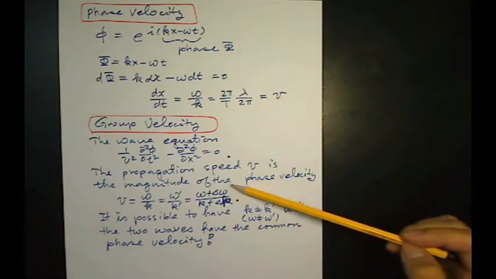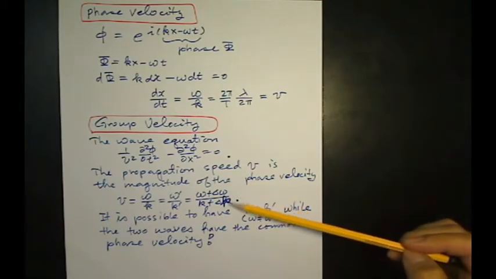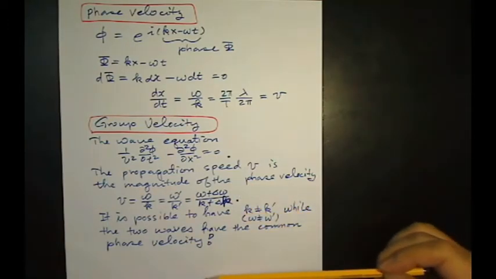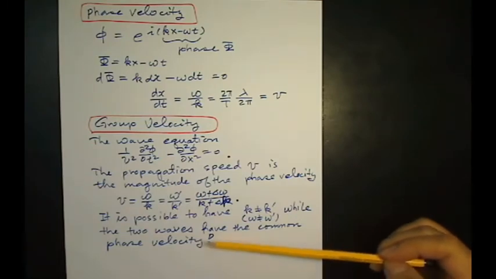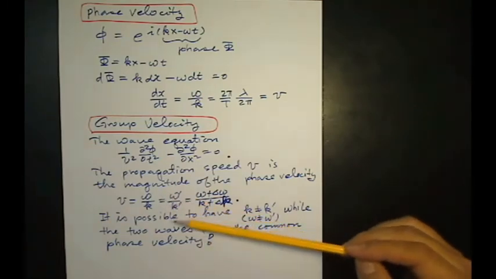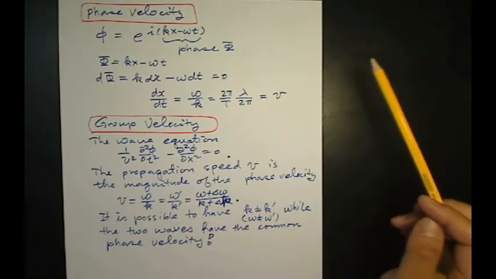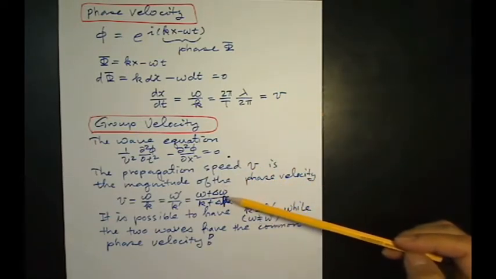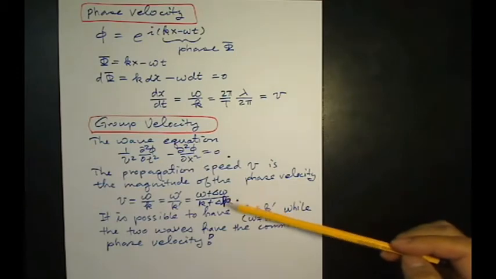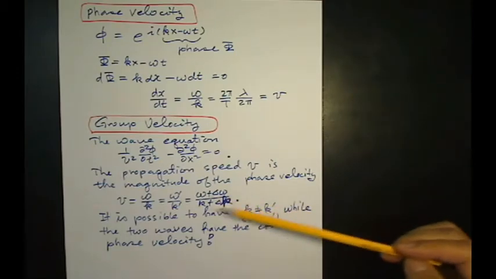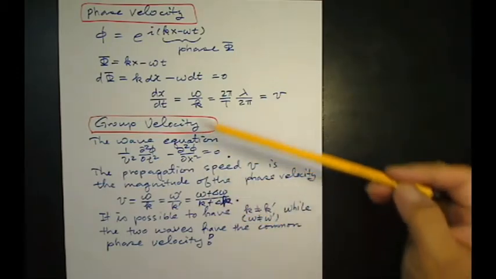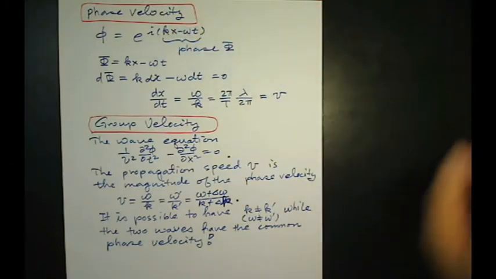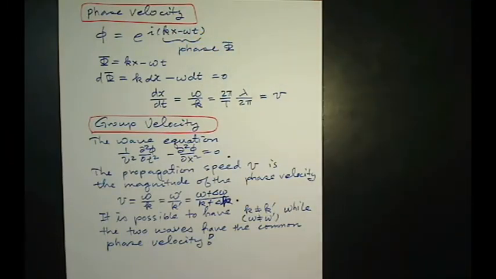Let us consider the case that delta omega and delta k are rather small in comparison with their original value. When the difference appears, the propagation of the signal is different from the phase velocity, and that is called the group velocity.